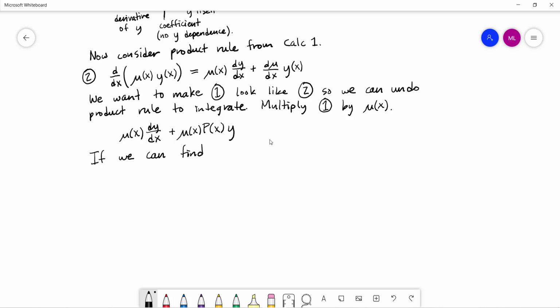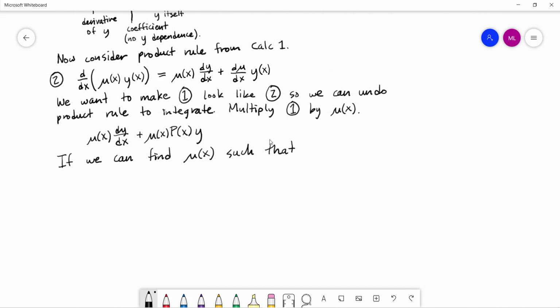So if we can find a mu of x such that our coefficient here of the y term matches the coefficient here of the y term, then we're set. So such that d mu dx, the coefficient of this term, is equal to mu times p of x.